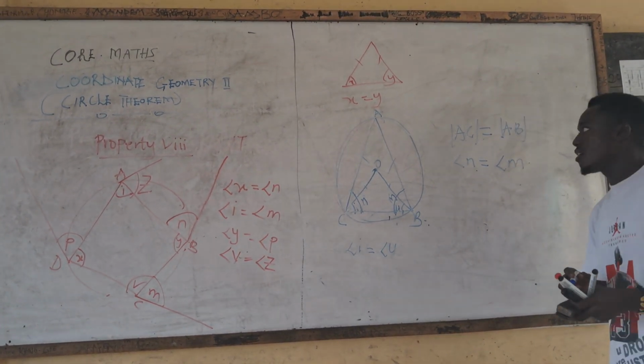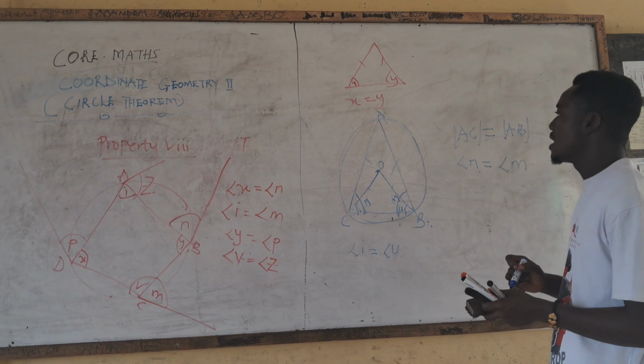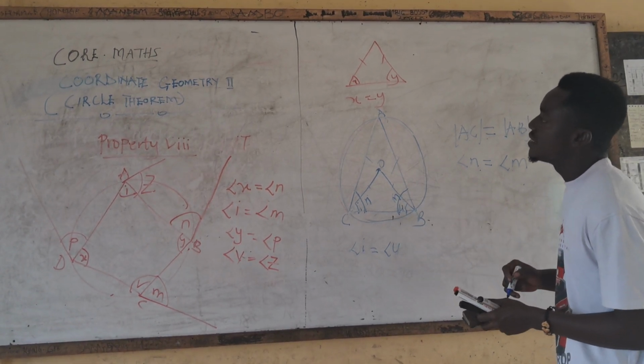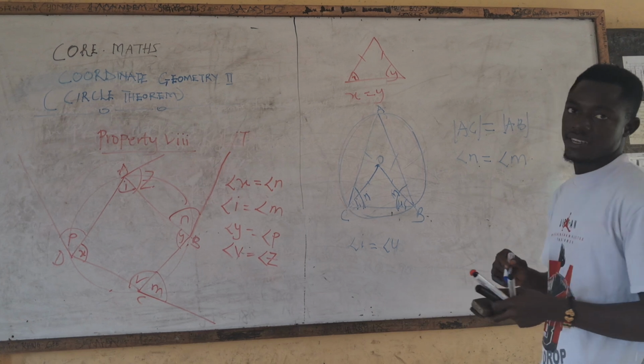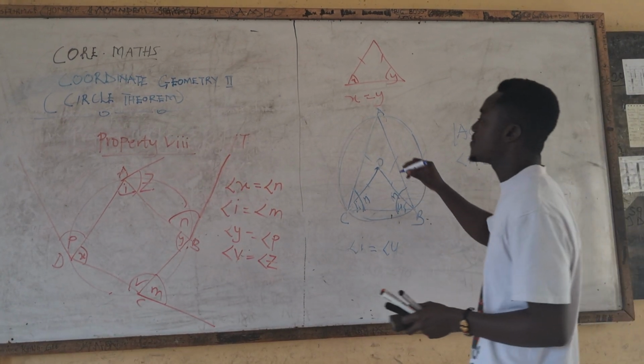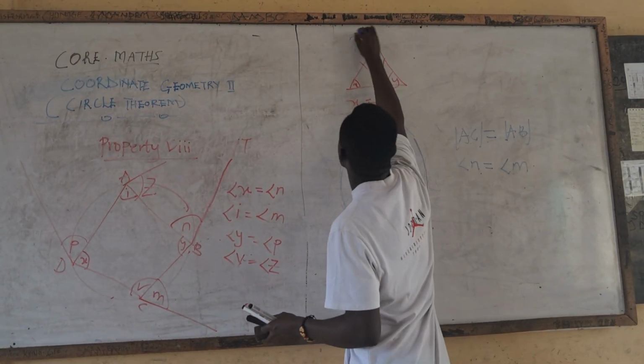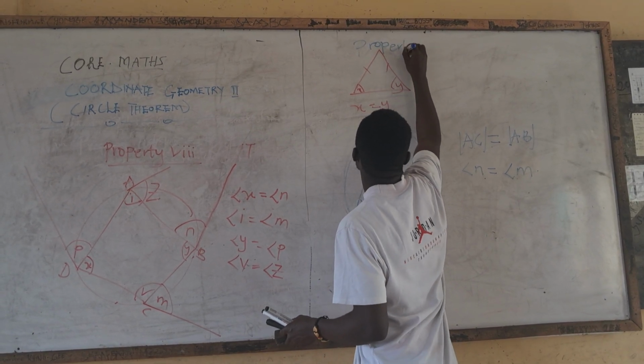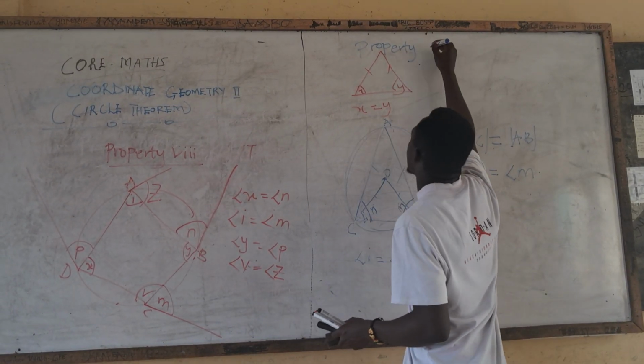So that's all you need to know about the ninth property. So that will be property 9.